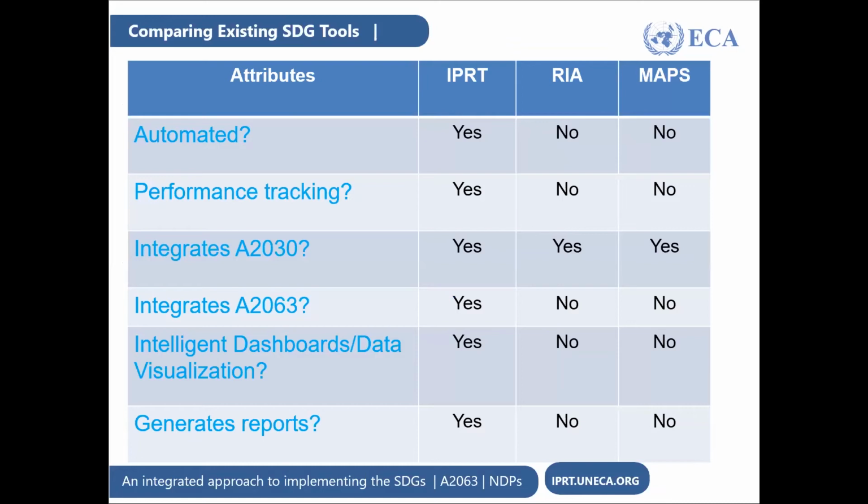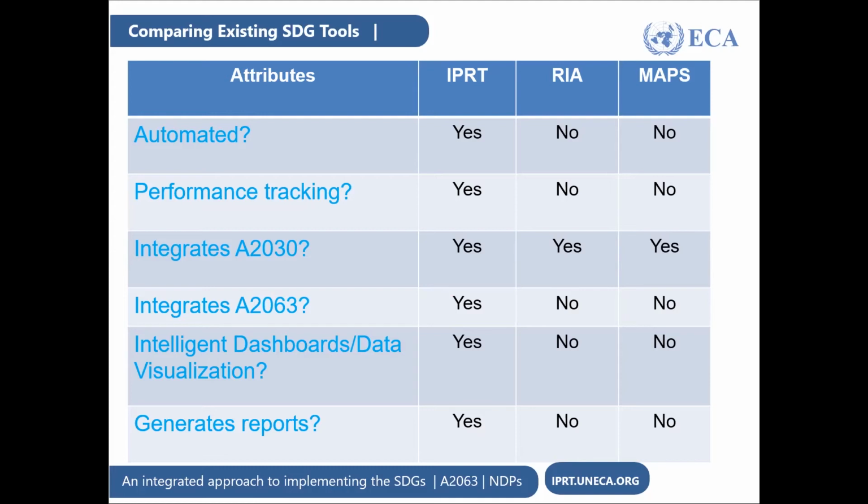Now, let us compare the IPRT, the ECS integrated planning and reporting toolkit, with the rapid integrated assessment and mainstreaming acceleration and policy support toolkits, or RIA and MAPS. There are also other toolkits like RIA and MAPS.